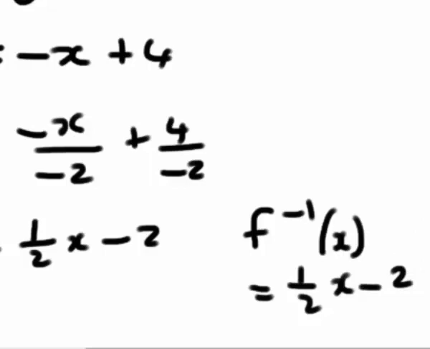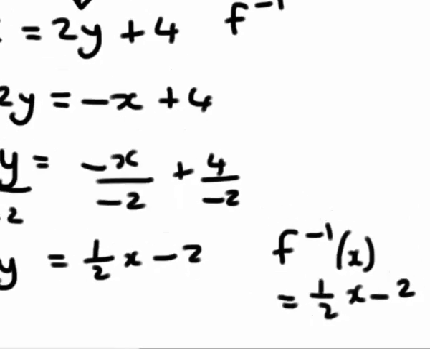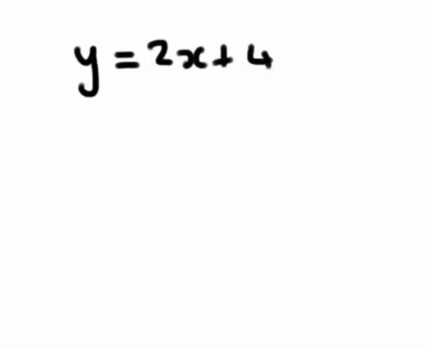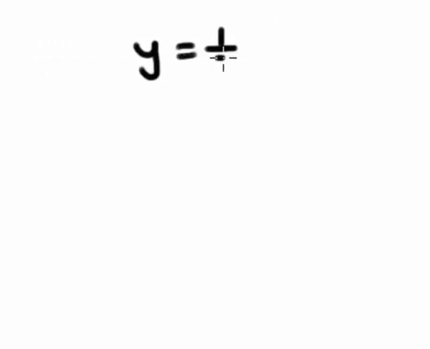If we're going to draw these graphs, how would we sketch them? Well, very simply put, have a look here. We take the first graph, y equals 2x plus 4, and y equals a half x minus 2.